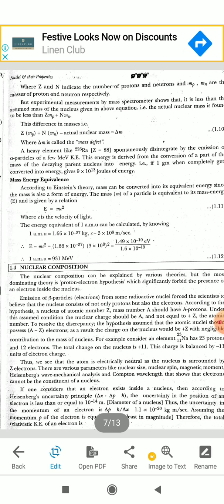Nuclear composition means any nucleus consists of protons, the positive charge, and neutrons in a very small size.